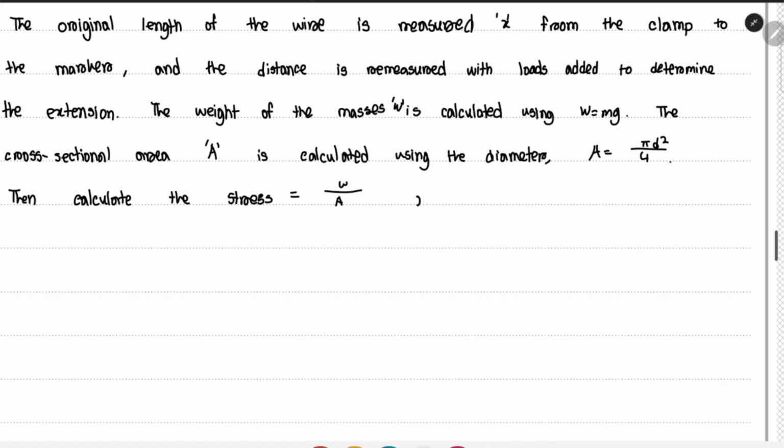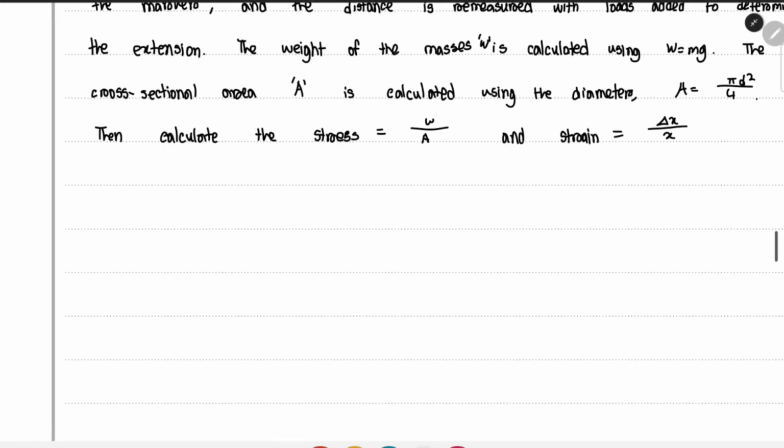So then calculate the stress and strain, which is delta x by x. And plot a graph of stress against strain. The first thing we write over here is the one that goes on the y-axis, the second one is the one that goes on the x-axis.